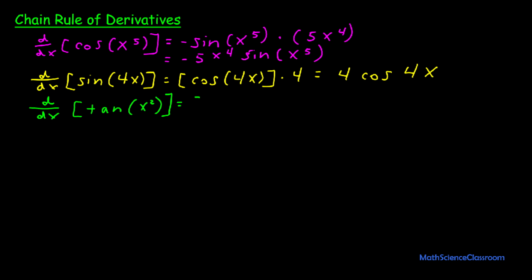So equals secant squared times the inner function untouched, times the derivative of the inner function, which is 2x, equals 2x secant squared x squared.